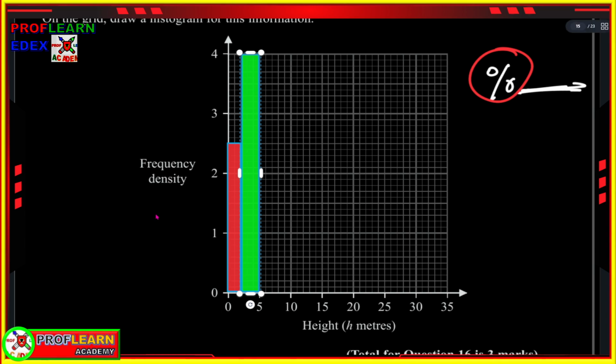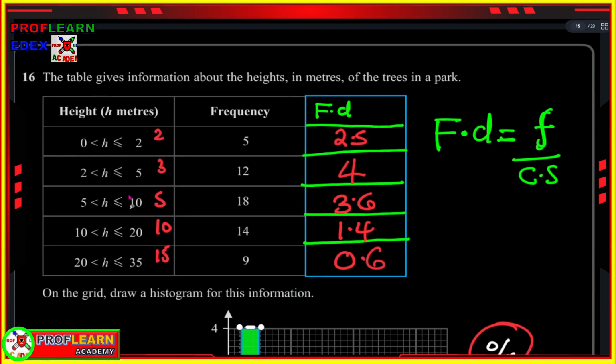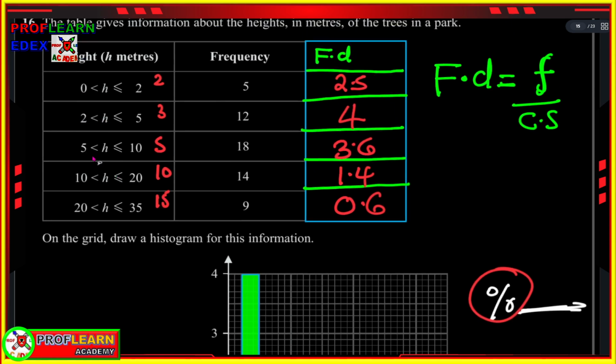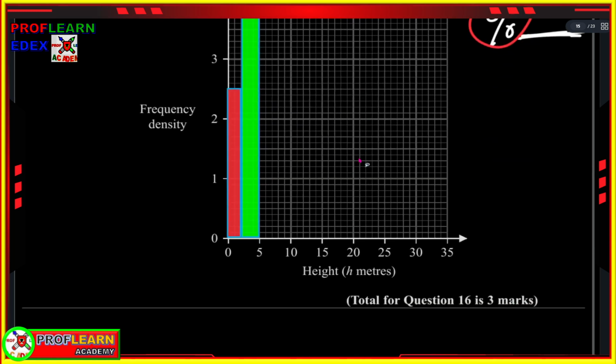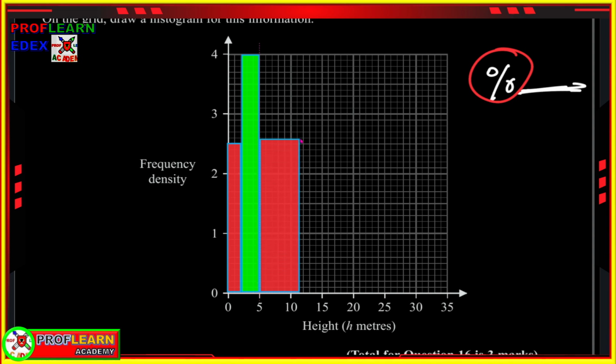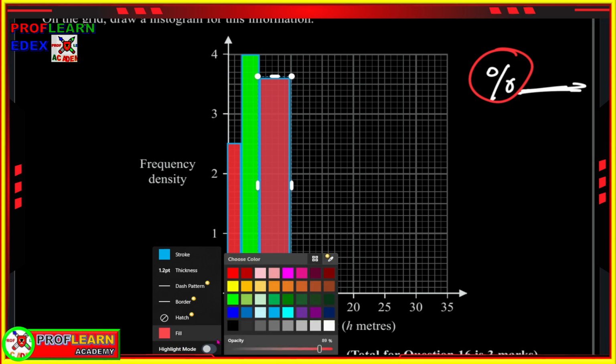Then the next bar is from 5 to 10, 3.6. 3.5 is this, 3.6 will be here. Yeah, so that will be the case.